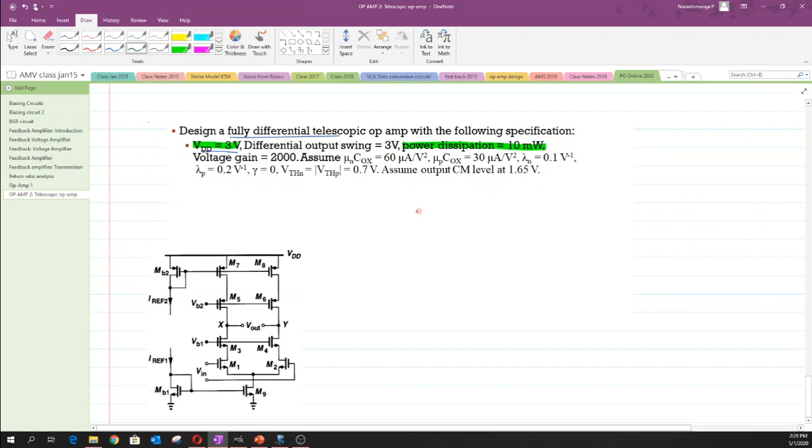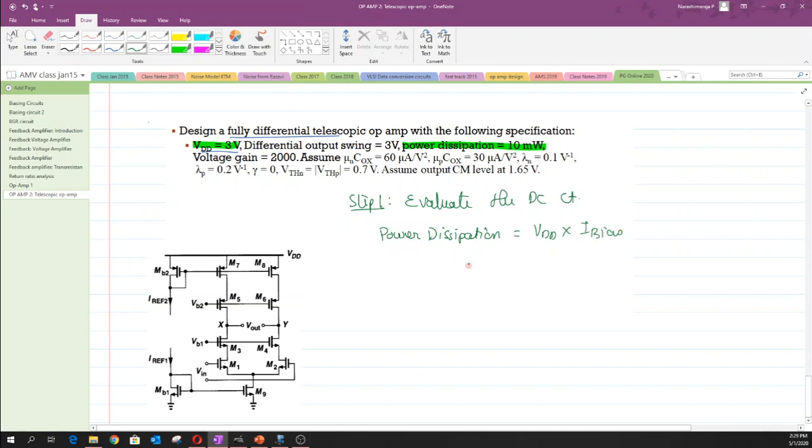So step number 1 is to evaluate the DC current or the bias current. We know that the power dissipation can be written as a product of VDD, which is the power supply, multiplied by the biasing current, which is I bias.